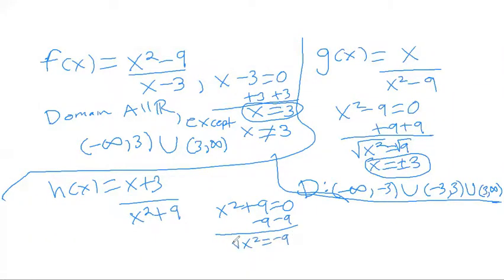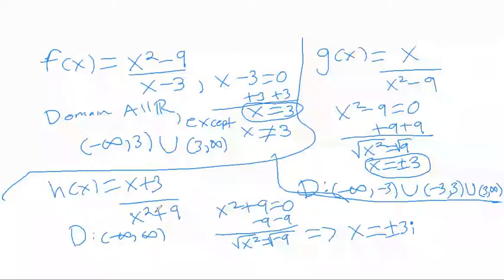Take the square root of both sides. Since I'm taking the square root of a negative, I already know it's an imaginary number. So x is going to have to be equal to plus or minus 3i. Since our x values are imaginary numbers, that means the domain is all real numbers. So then the domain is just negative infinity to infinity.